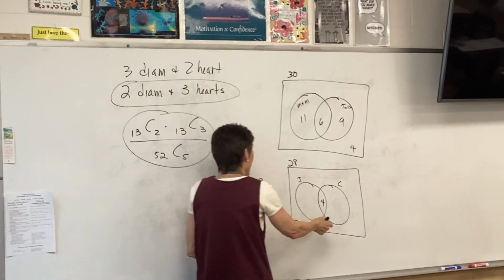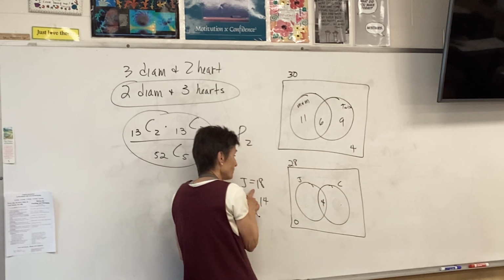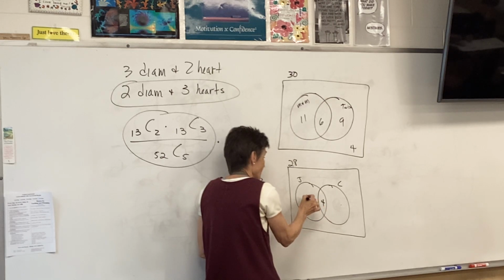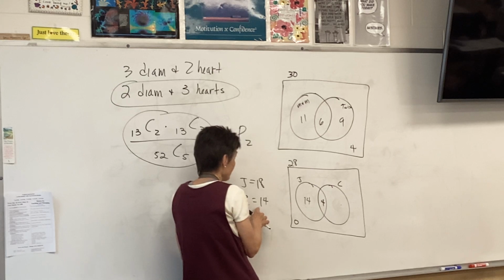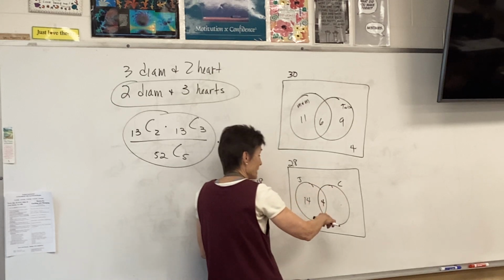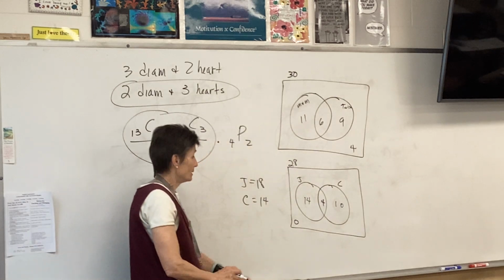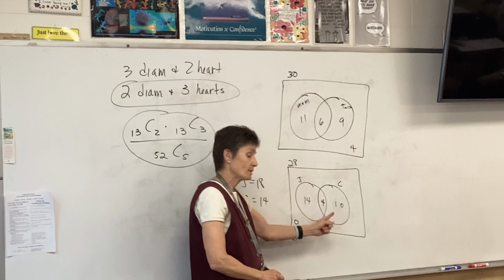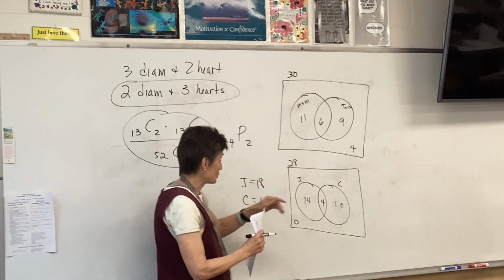Now, if the whole jazz ball is 18, and 4 of them are in this part, then there must be 14 in this part. And if the whole country ball is 14 and 4 of them are here, this must be 10. Now, does that add up to 28 like it's supposed to? How many like only jazz?